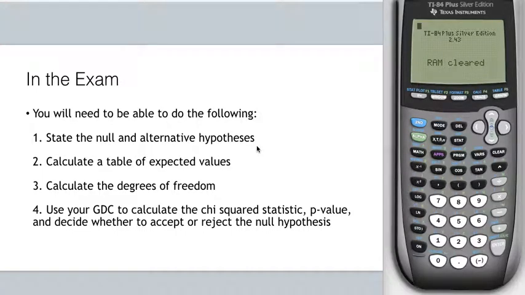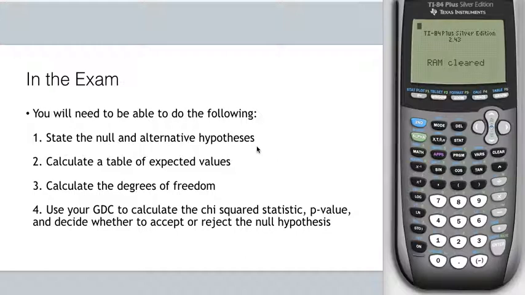Okay, this lesson we're going to look at how you do the chi-squared analysis, but using your TI-84 Plus. So just to remind you of a few of the things that you need in the exam, you are going to have to be able to state the null and alternative hypotheses for chi-squared.